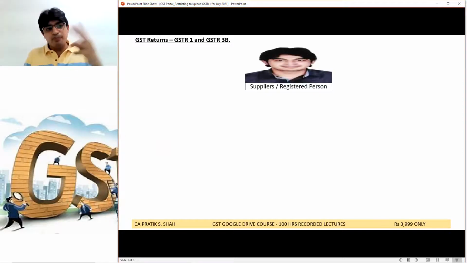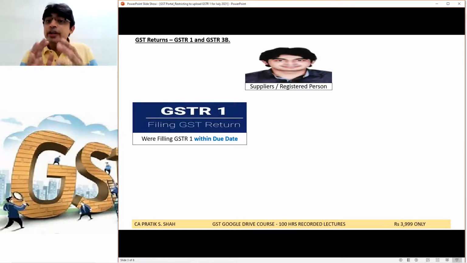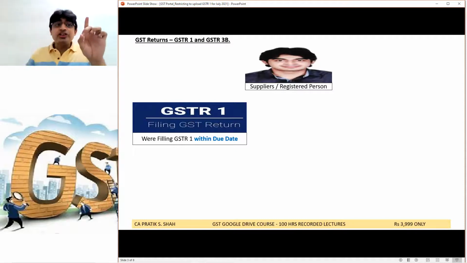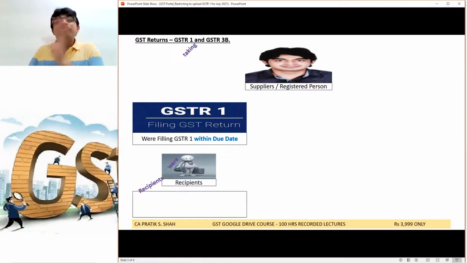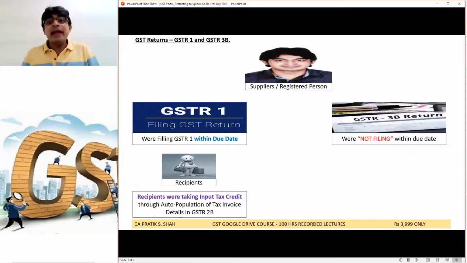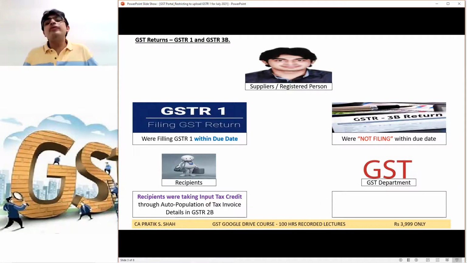Many taxpayers, many registered persons, were filing GSTR1 within the due date. On the basis of their GSTR1, the recipients were taking the input tax credit. But the taxpayers were not filing 3B. That means the GST department is not receiving GST revenue.